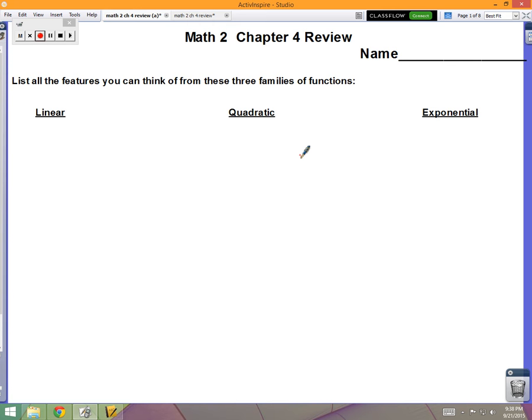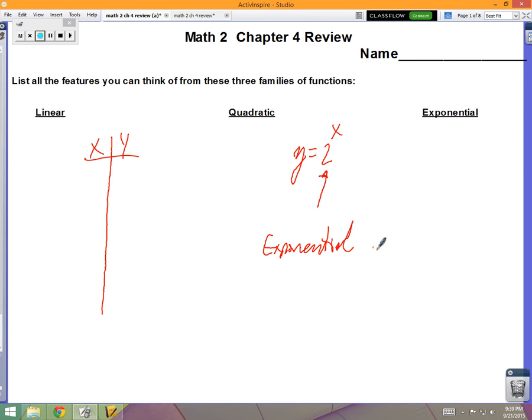So if you have the function y equals 2 to the x, what that means is every day you're going to double what you had from the day before. So this is exponential growth. And I'm growing it at the rate of multiplying by 2.